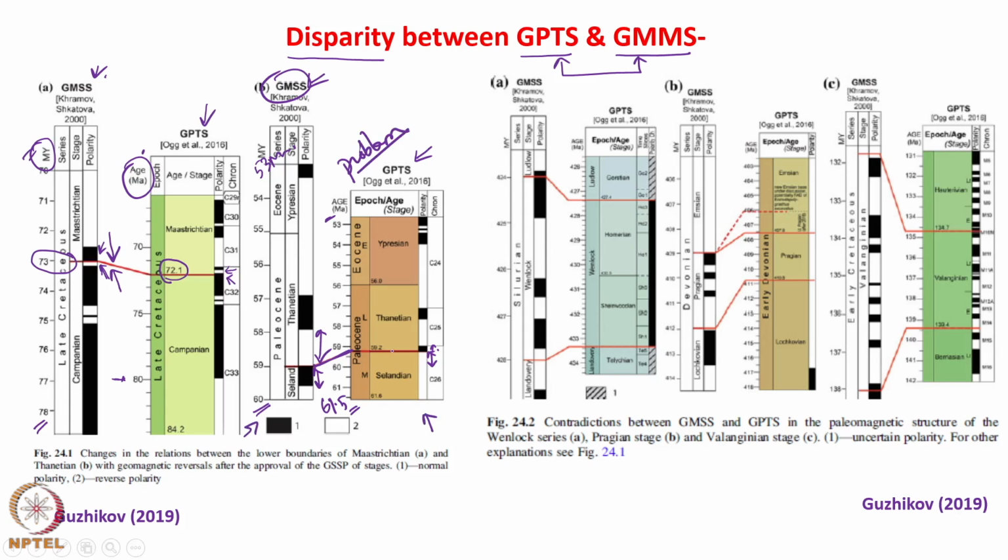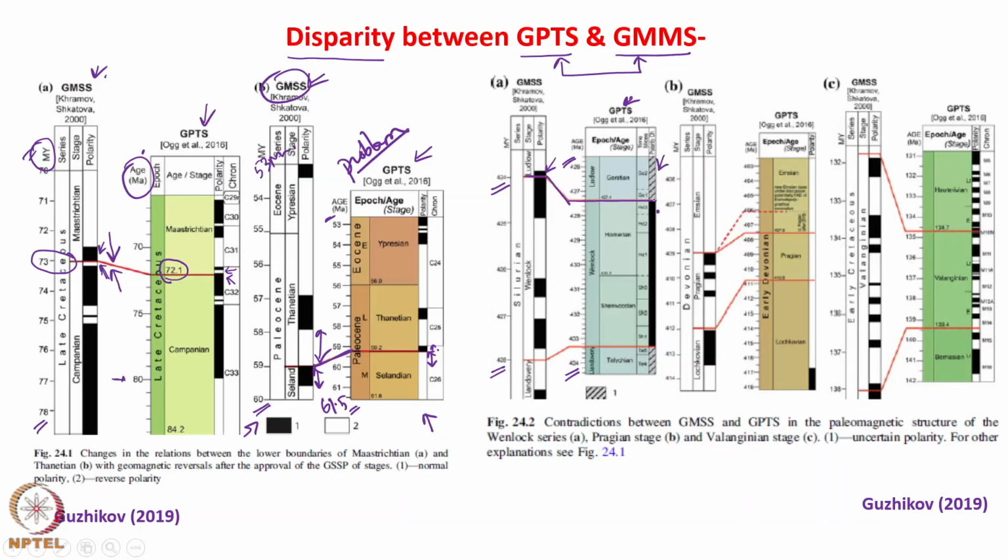Some corrections are required. Take another example, 426 million years up to 424 million years, and here in the GPTS we are dealing with 434 million years up to 426 million years. These are the correlations, and here we observe that this line passes through a normal polarity zone, whereas its equivalent passes through a transition zone and a normal polarity zone.